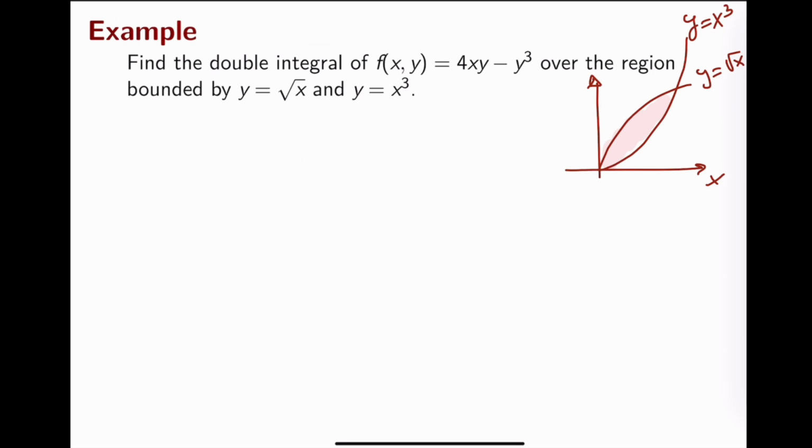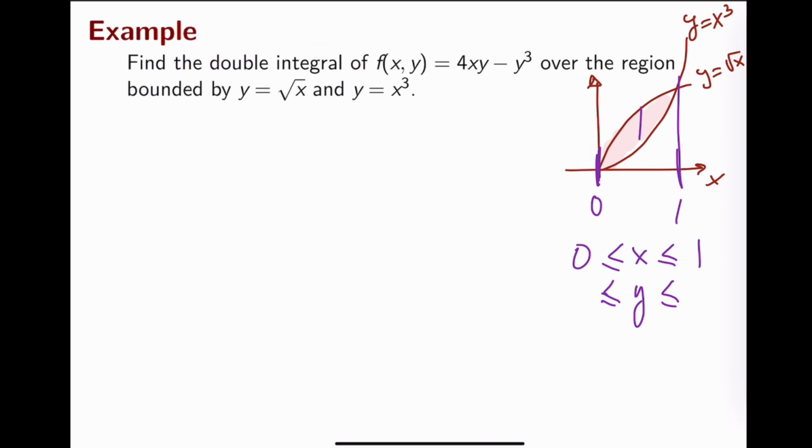First, let's decide if this is a region of type 1 or type 2, and as I said before, it could be that it's both. For instance, for type 1, we have to define this region as a variation of x, and in this case that is correct. We can define this region as x varies between two constants, 0 and 1. And we can define the variation of y as varying between two functions, right?